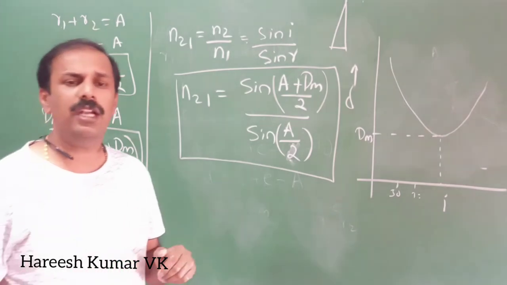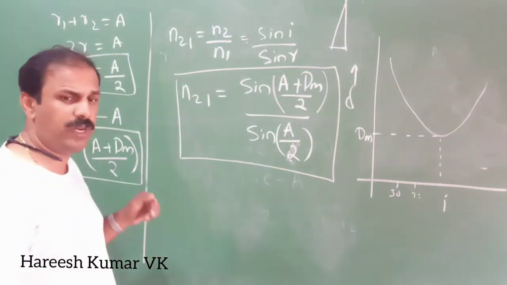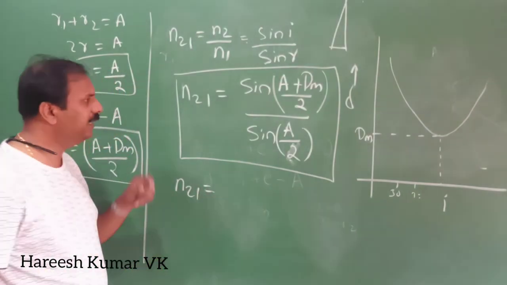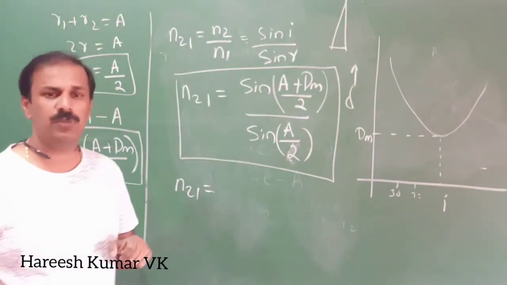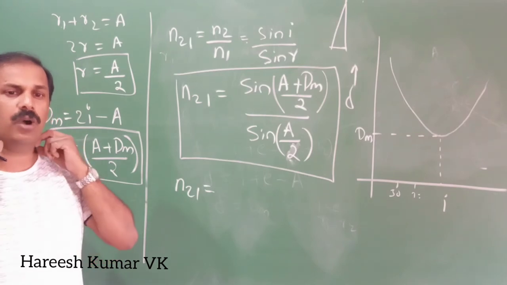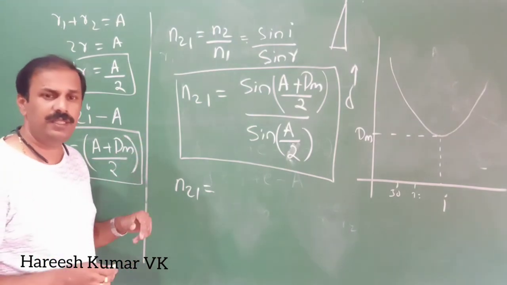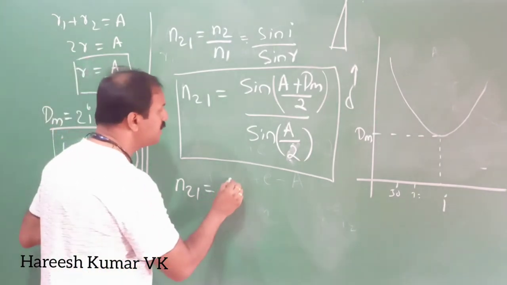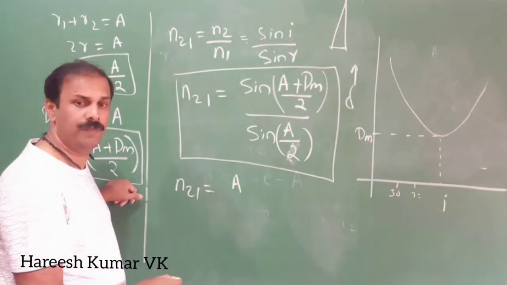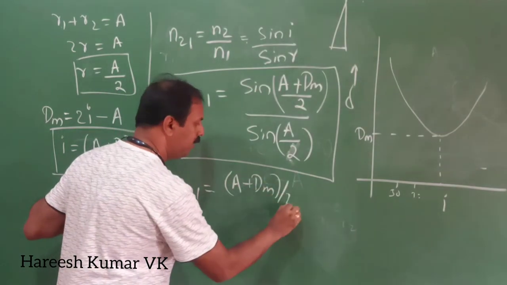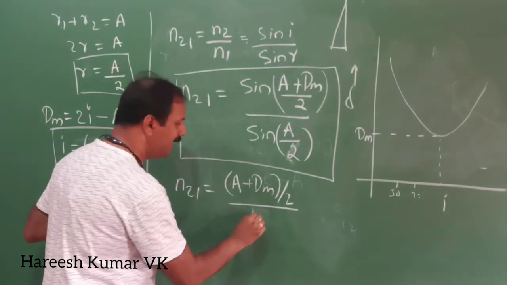For this small angled prism, we can approximate this equation. The meaning is the angle of prism A will be very small. When A is very small, sin theta can be taken as theta itself. So we can write this equation as n21 equal to (A plus dm) divided by 2, divided by A by 2.